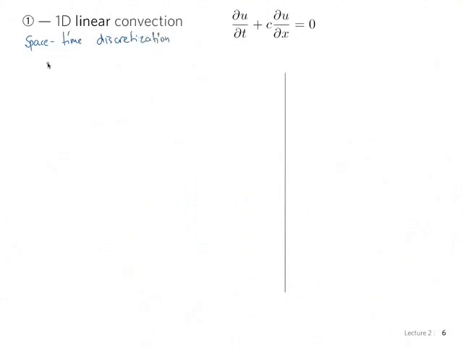We're going to consider an index i, which is the index of the grid in x, and we're going to use an index n for time, and the numerical scheme that we're going to use.